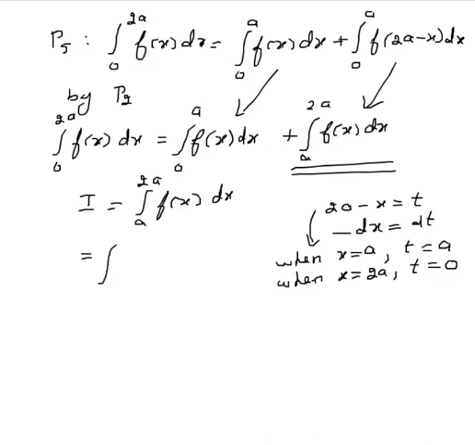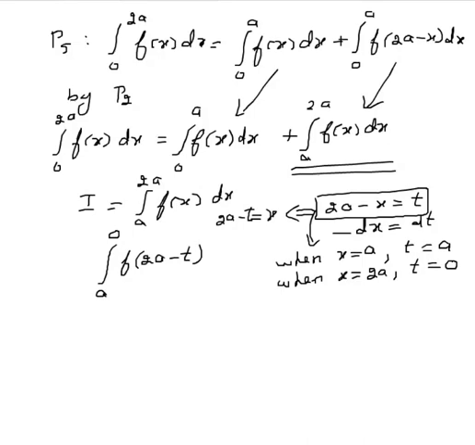Therefore, it becomes integral. The lower limit is a, the upper limit is 0. And x will be from this, x is equal to 2a minus t. It becomes 2a minus t, and dx is minus dt.